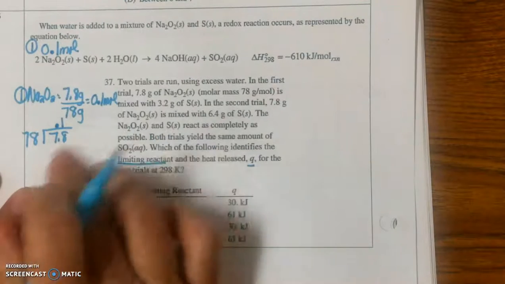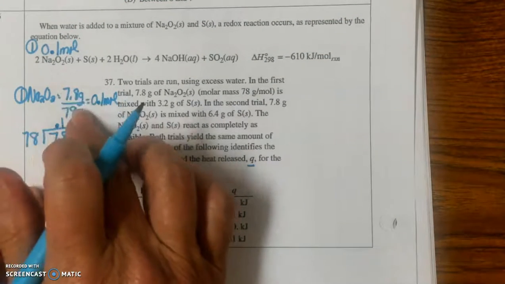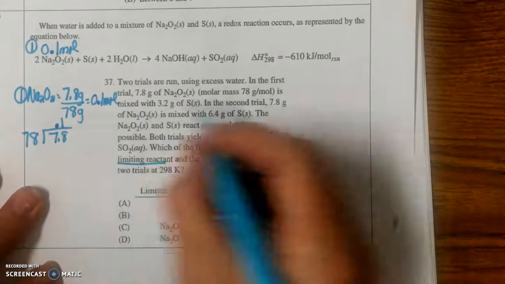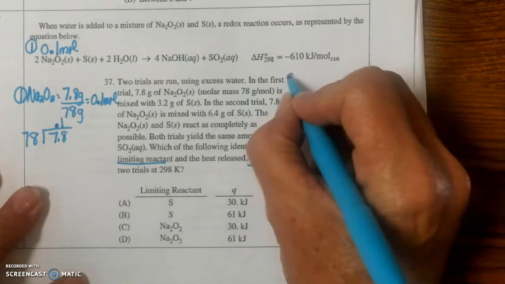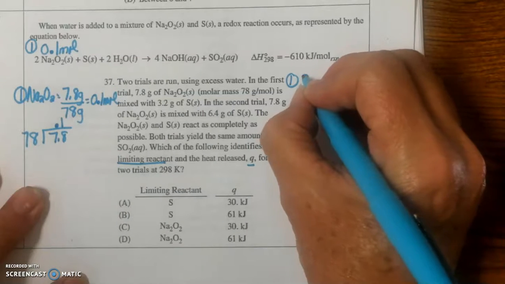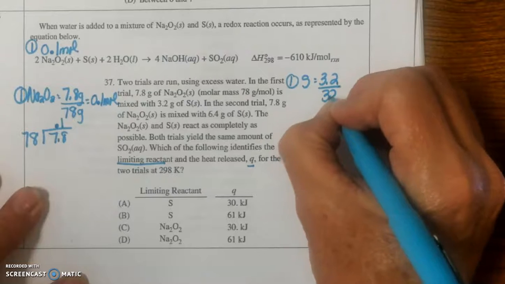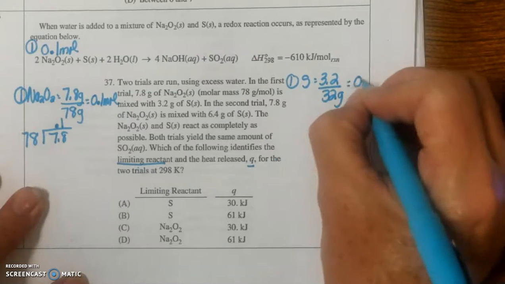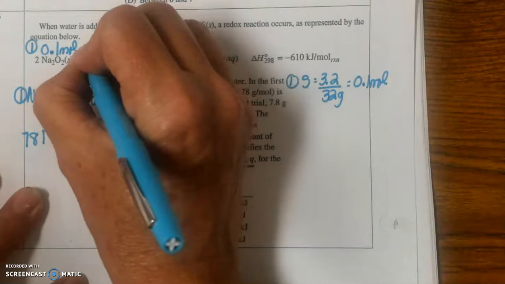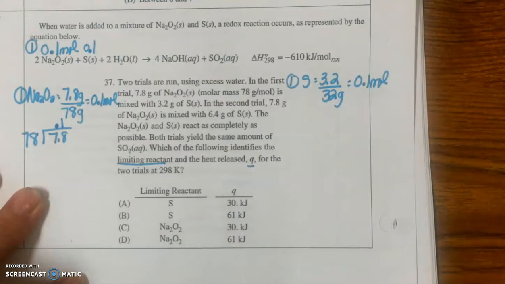You can move your decimal whatever you think you need to do, but you should be able to very easily go to 0.1 mole. Now for sulfur, it's basically the same thing. Sulfur is 3.2 divided by 32. So again, that's 0.1 mole. So I've got in trial 1, 0.1 of that and 0.1 of that.